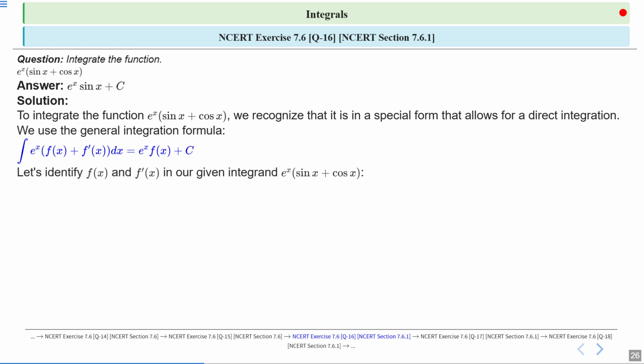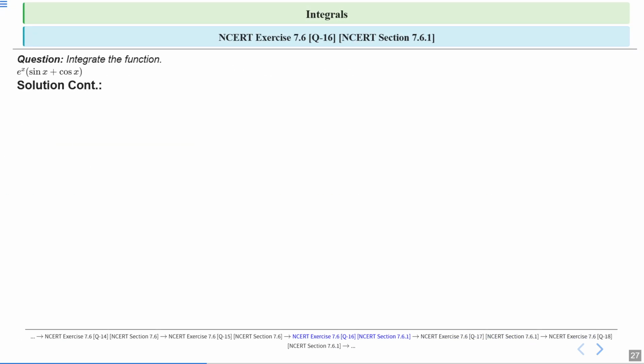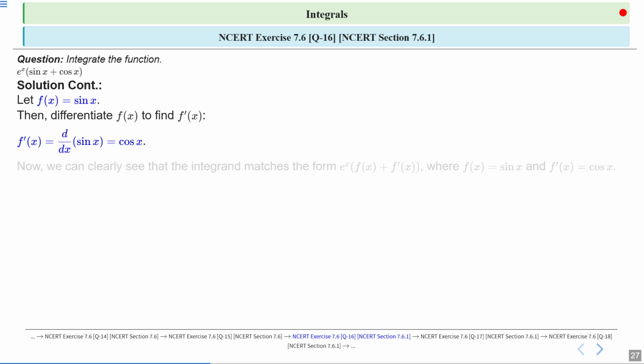So in this question, the given integrand is e^x (sin x plus cos x), and we can see that cos x is the differentiation of sin x. When we differentiate sin x, we get cos x. So the value of f(x) is sin x. When we differentiate it, we get f dash x, that is cos x.